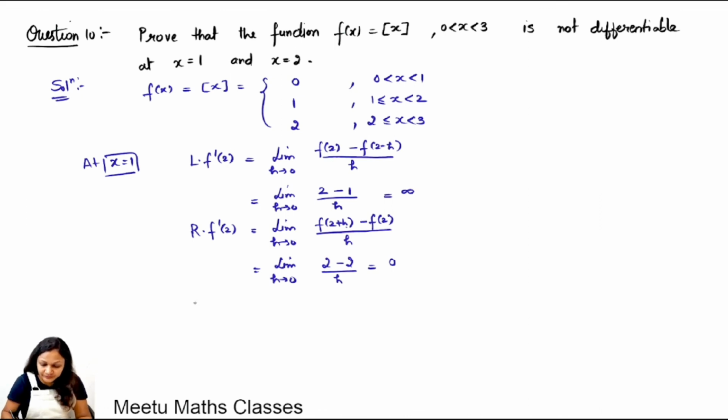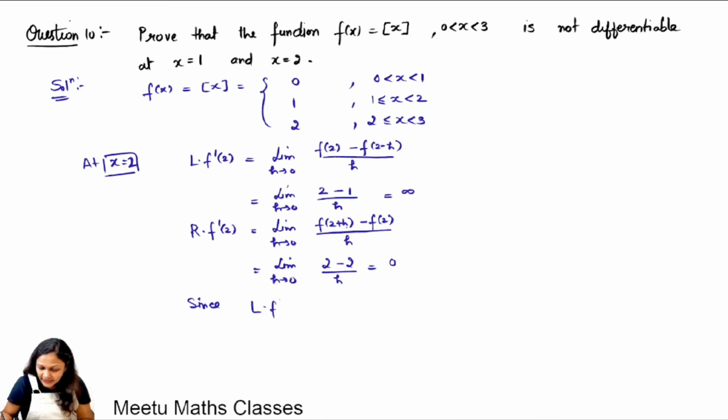So since the left hand derivative at 2 is not equal to the right hand derivative at 2, your function f(x) is not differentiable at x equals 2.